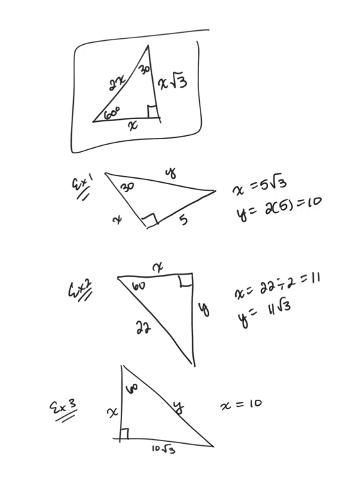You get rid of the rad 3. Okay, technically it's 10 rad 3 divided by rad 3. But it's just 10. And then y is 20 because you doubled the side across from 30. So the 30 and the 90 have an easy relationship. It's the 60 that's going to throw us off here. More examples.